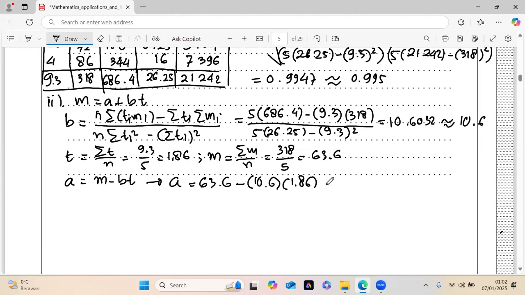And if you calculate, the result is 43.9. So M equals 43.9 plus 10.6T. This is M.